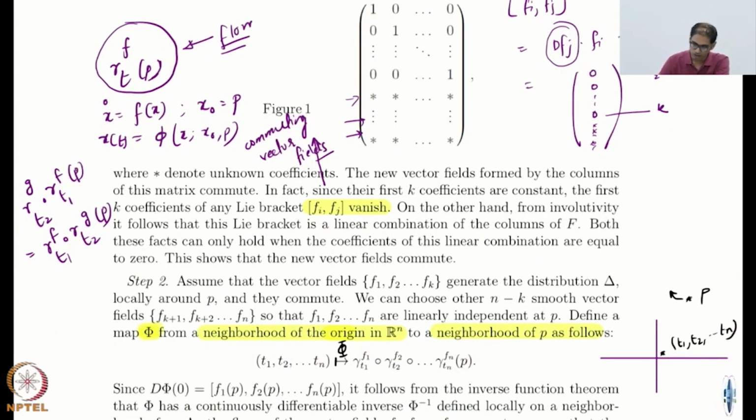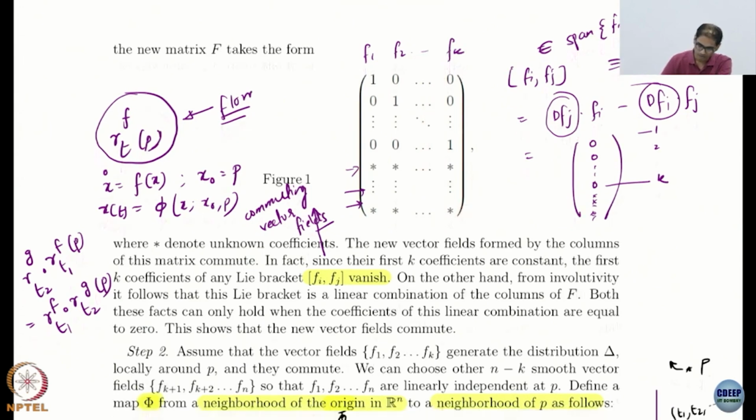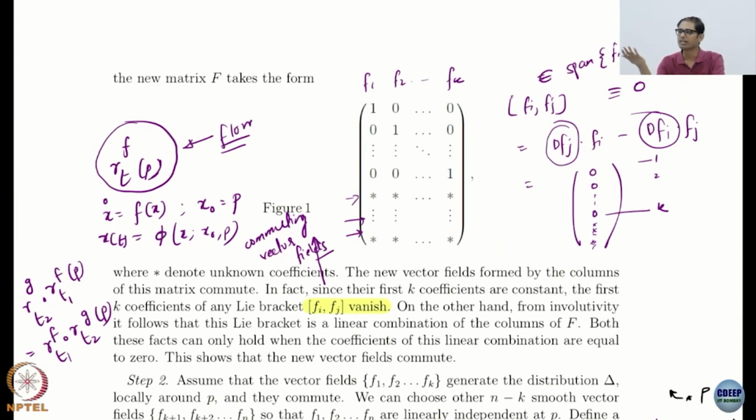The other thing it also does is, it shows that these new vector fields commute. And when we say vector fields commute, we mean that the Lie brackets are 0. That is how you define commuting vector fields. It is like in the matrix case, where AB minus BA equal to 0.